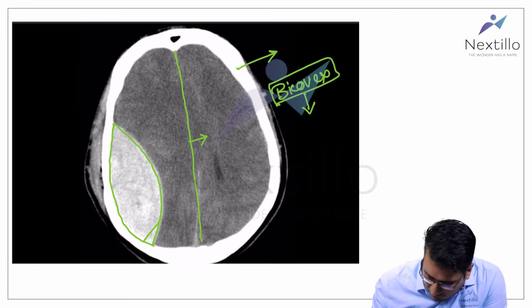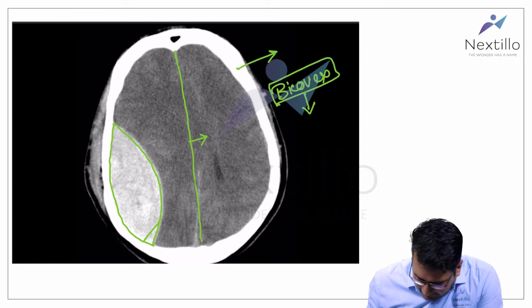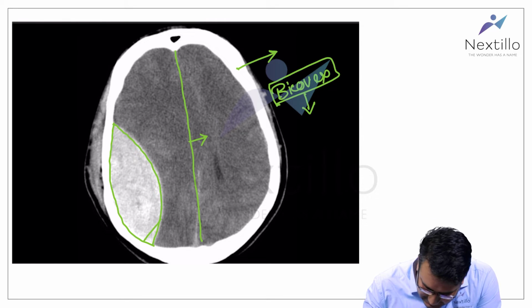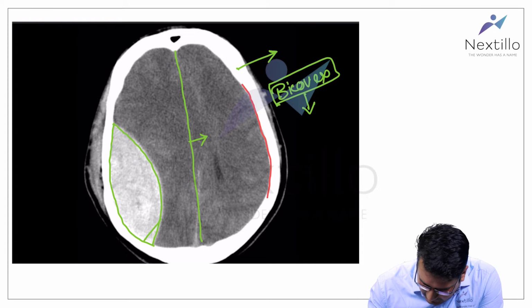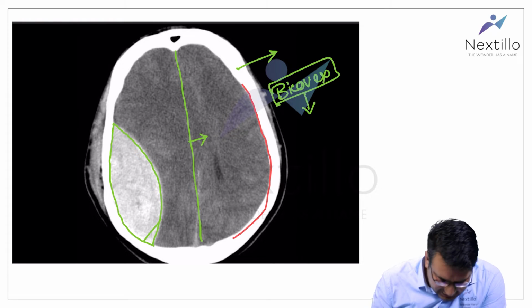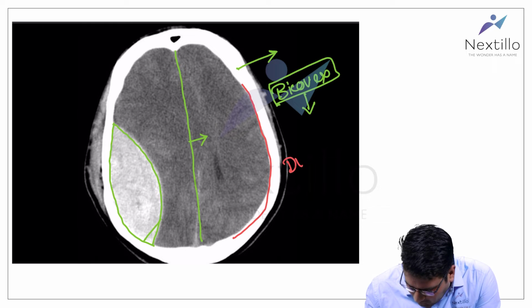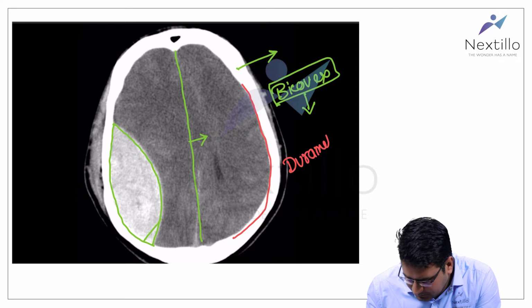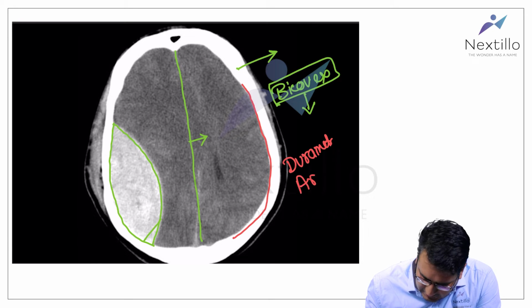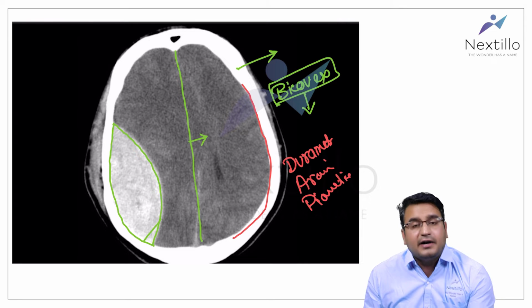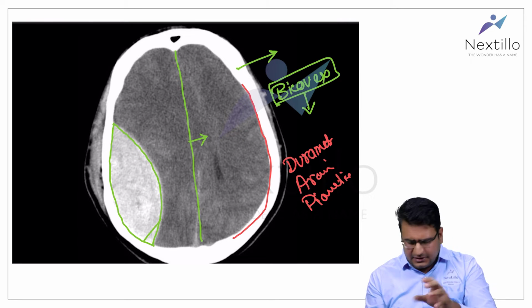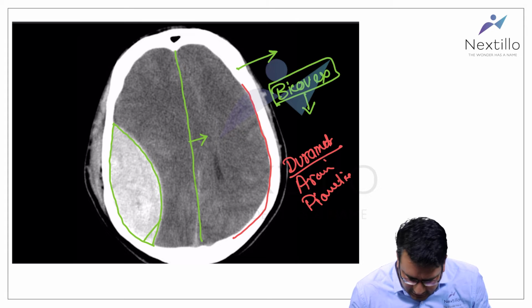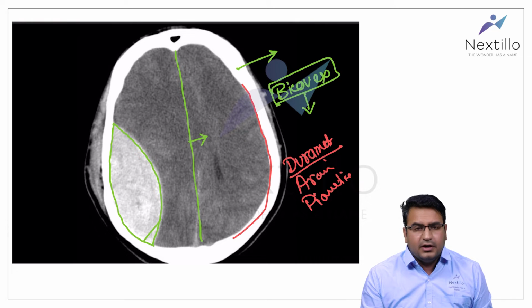Now, let me give you an idea. This is the brain. This is the vault. There are three membranes in between. Dura mater, the outermost one, the arachnoid, and the last one is the pia mater, which adheres to the brain sulci and gyri. Dura mater adheres to the bone, the skull vault.